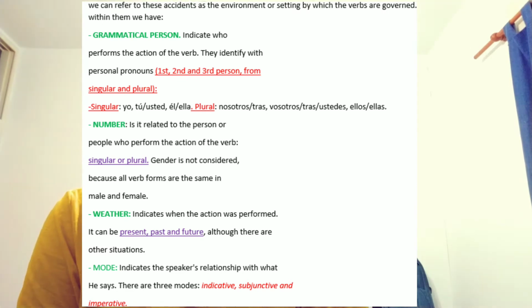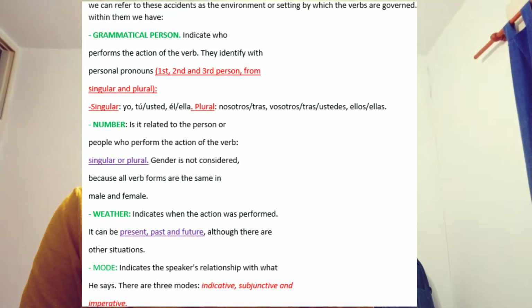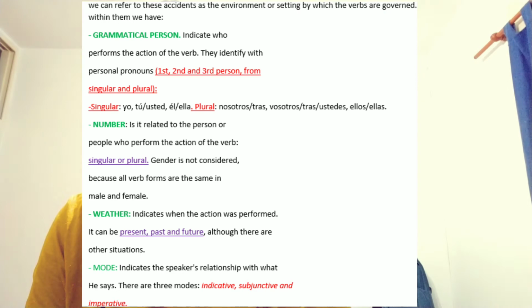Another point, you have the number. It is related to the person or people who perform the action of the verb. You have singular or plural. Gender is not considered because all the verb forms are the same in male and female. Another point, tense indicates when the action was performed.